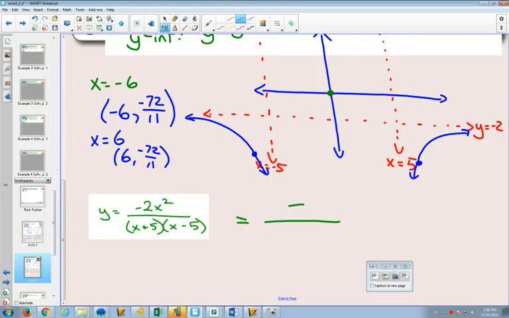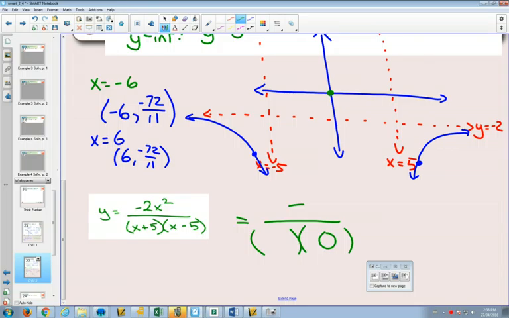Okay? Because what we're going to find here is when we plug in a number close to 5, can you see that this one, the x minus 5, is going to get really close to 0? But if I plug in 4.9, will it get close to 0 from the positive side, or will it get close to 0 from the negative side?